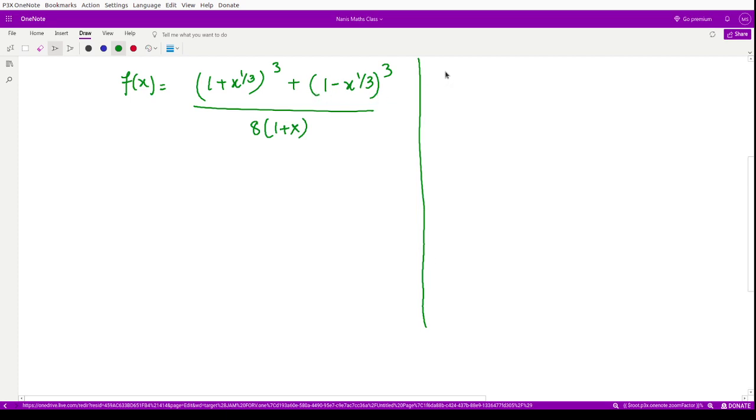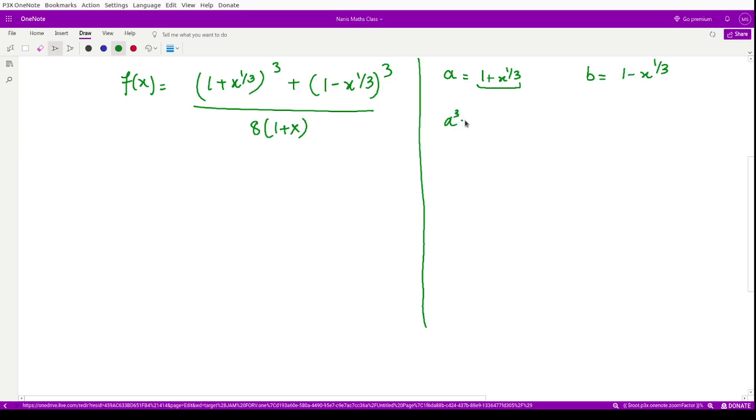Assume a to be (1 plus x)^(1/3), this is some term I'm calling a, and b to be (1 minus x)^(1/3). You can see the pattern here: a cube plus b cube.